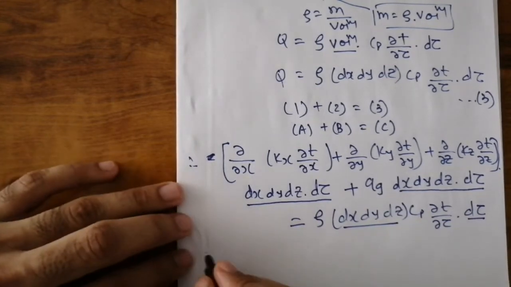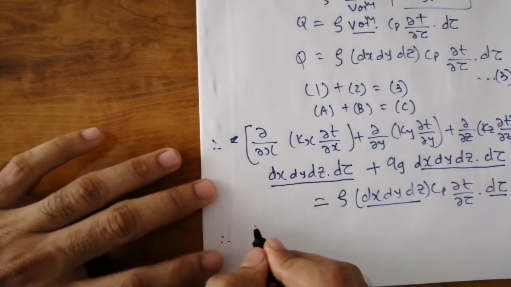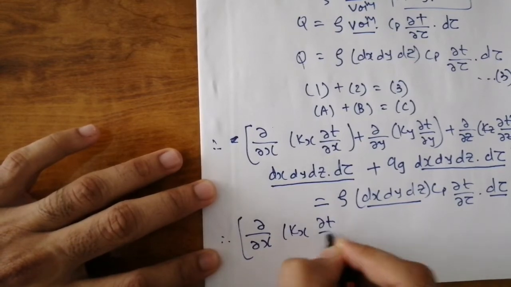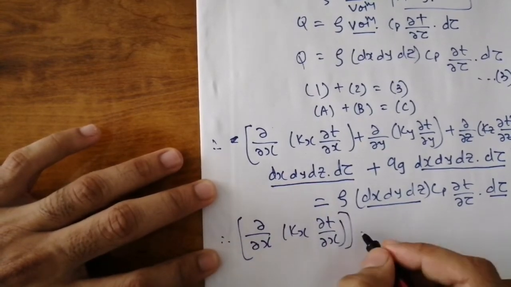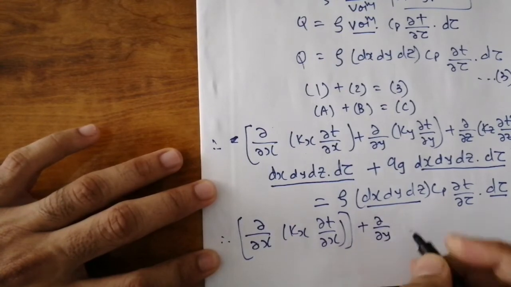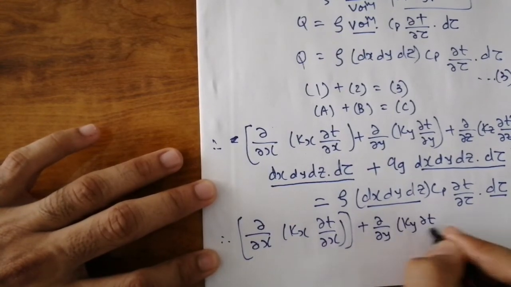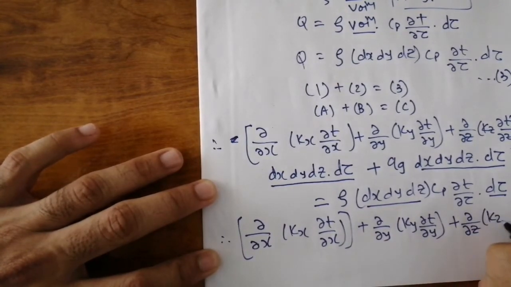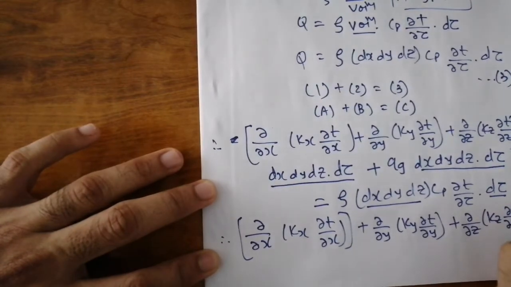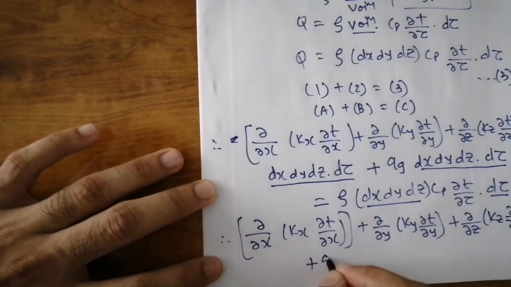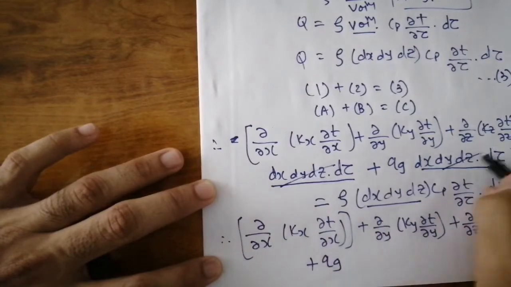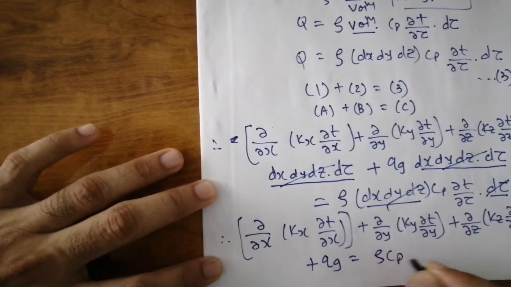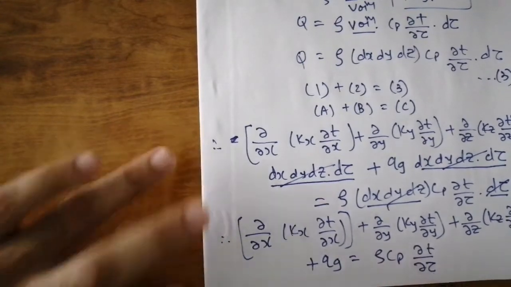The remaining equation is del by del x (kx del t by del x) plus del by del y (ky del t by del y) plus del by del z (kz del t by del z) plus qg is equal to rho cp del t by del tau.